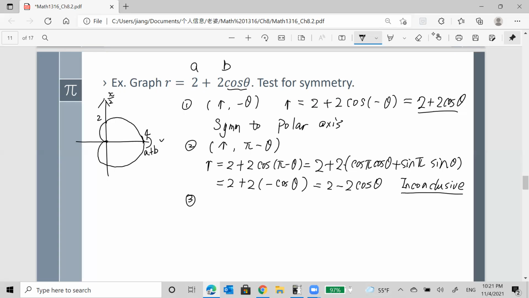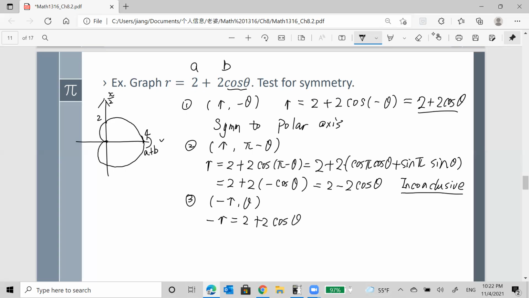So the third one, let's try negative r, theta. If I plug it into the equation, negative r equals 2 plus 2 cosine theta.